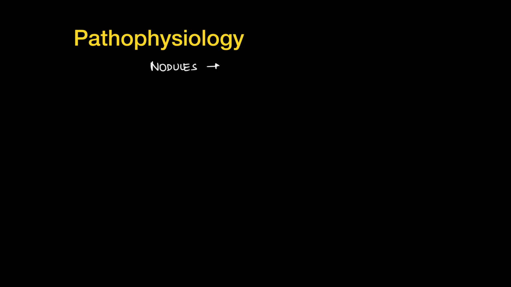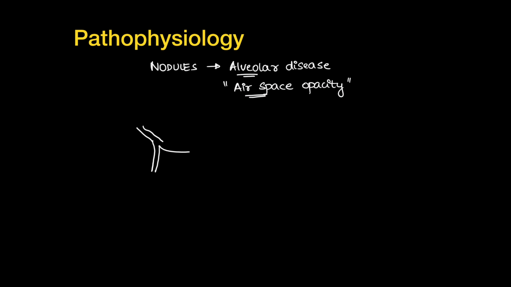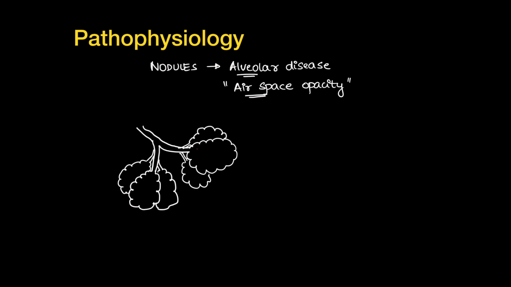If we go into pathophysiology, what does a nodule mean? It means that there is alveolar disease causing this air space opacity. Air space opacity is the gross term, and the specific term is nodule. Let's draw alveoli and alveolar ducts. These are the alveoli, which are air spaces, spaces filled with air.